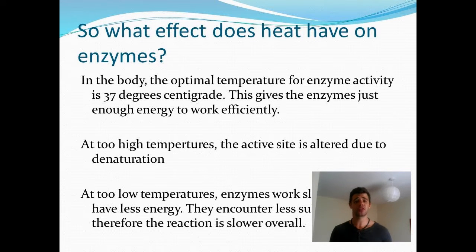So the enzyme is going to come into contact with the substrate less frequently. This means that the rate of reaction is going to be slowed down. So if you become too cold, your rate of enzymatic reaction becomes significantly lower. And that can be a problem, specifically with hydrogen peroxide. As hydrogen peroxide is toxic to the cells, you don't want it staying in the cells for too long.